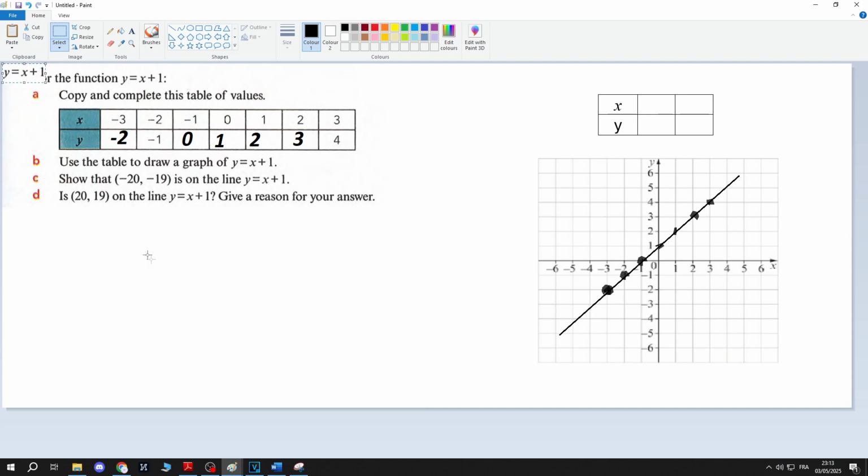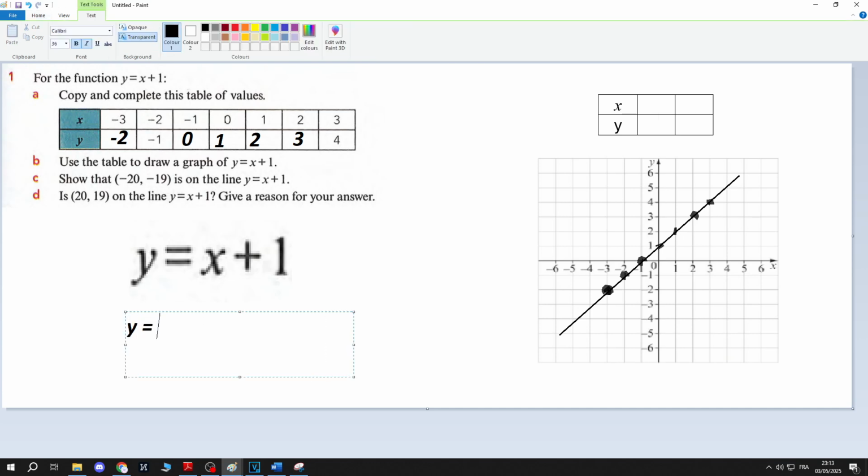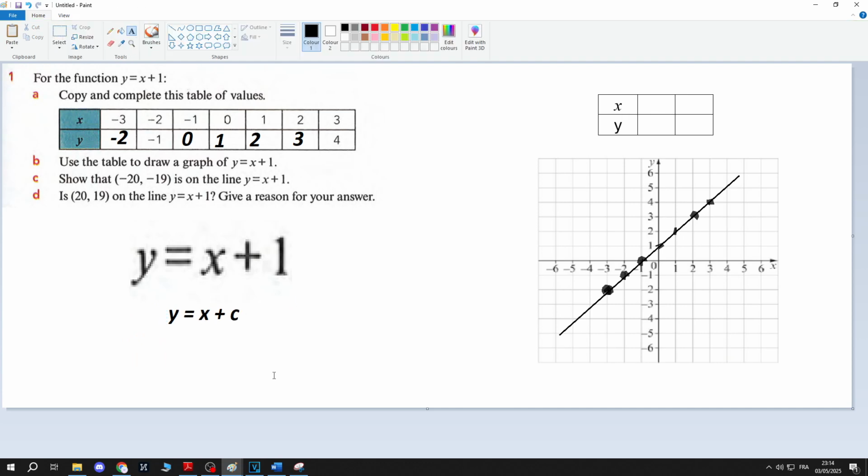Well, this is in the form of y equals x plus c. Isn't that right? Y equals x plus c, where c this time is 1. Right? Now, as soon as I know that this is a linear function, I can only draw 2 points and I will still get the same line.